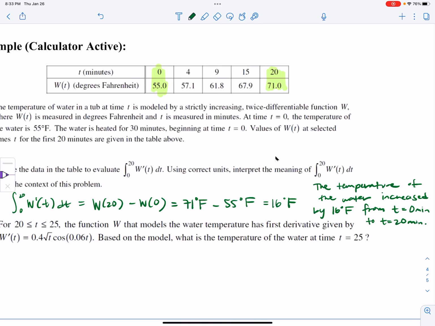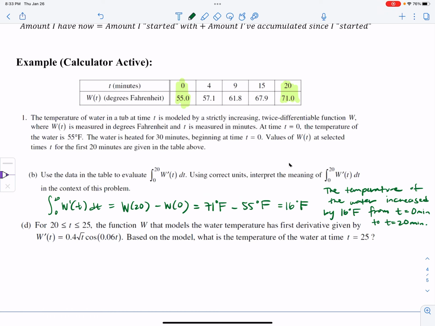To be even more specific, you could say the temperature of the water in the tub, just to make sure that you are really answering in the context of the problem.